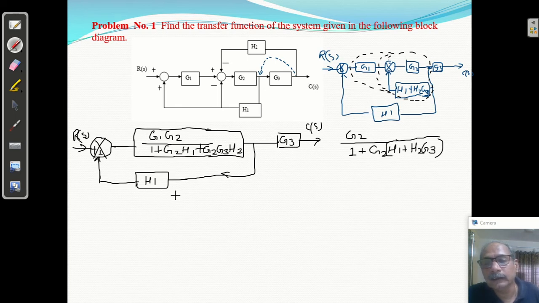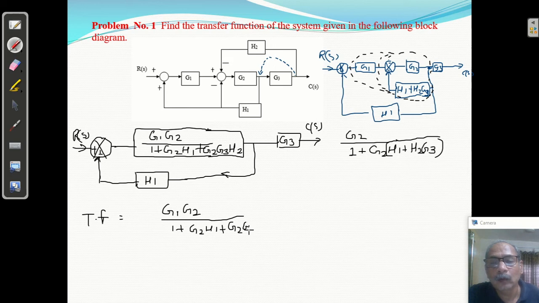So G(S) equal to what? Transfer function equal to total transfer function equal to what? This is G1 G2 G(S), that is G1 G2 upon 1 plus G2 H1 plus G2 G3 H2, this one, this is the G(S), upon 1.